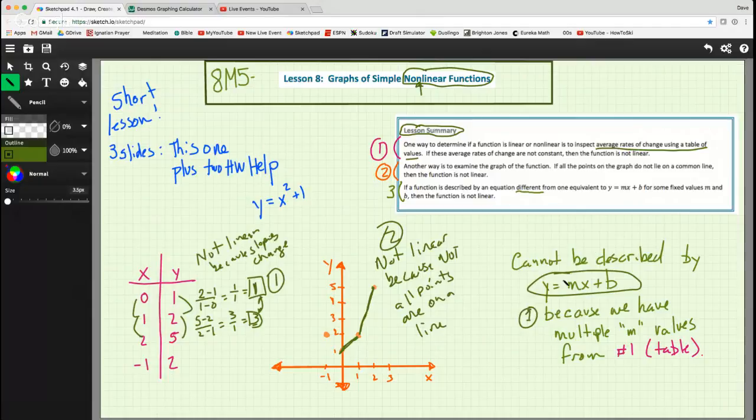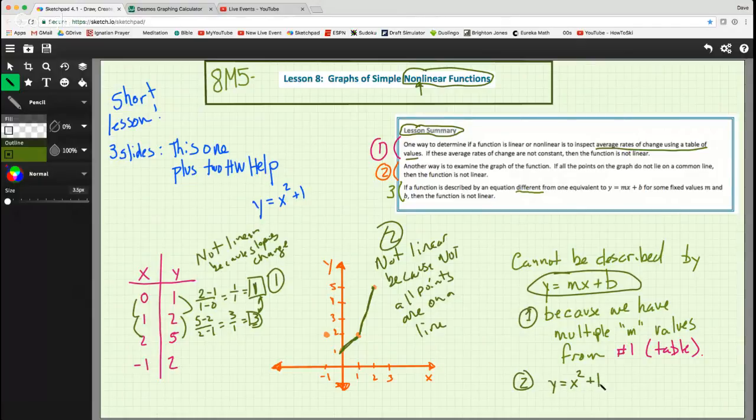The second reason is I can give you the equation that gives you these points, and the equation is y equals x squared plus 1. If you plug a 0 in for x, you get a 1. If you plug a 1 in for x, you get a 2. A 2 in for x, you'll get a 5.